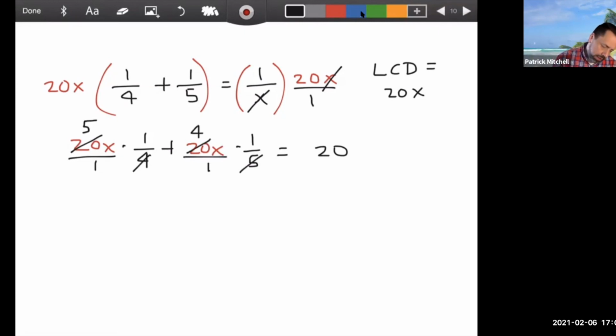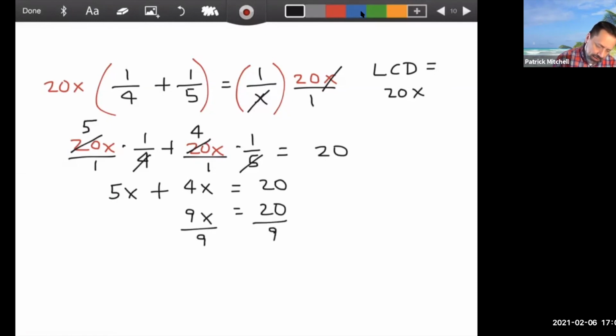So that leaves me 5x plus 4x equals 20, which means 9x equals 20, which means that x is 20/9, aka 2 2/9 days.